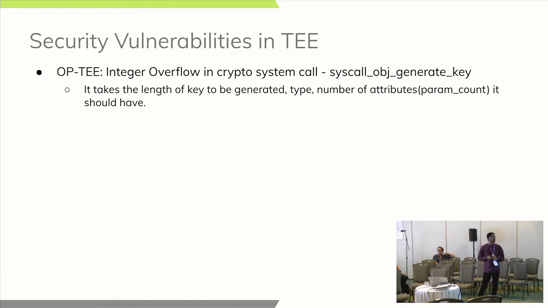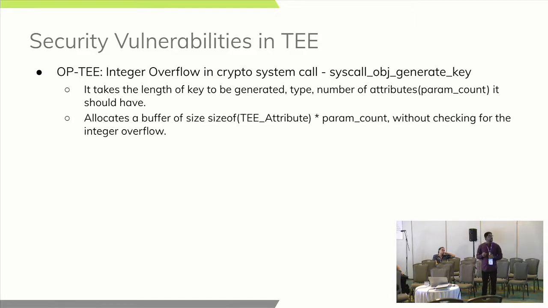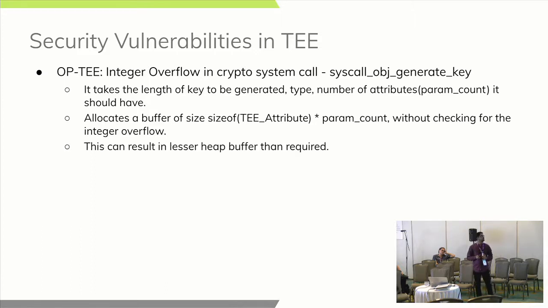What the syscall obj generate key does is that it takes the length of the key to be generated, the type, and the number of attributes it should have, and then internally it allocates a buffer of size of the TEE attributes times the param count, but without checking whether an integer overflow is occurring or not.